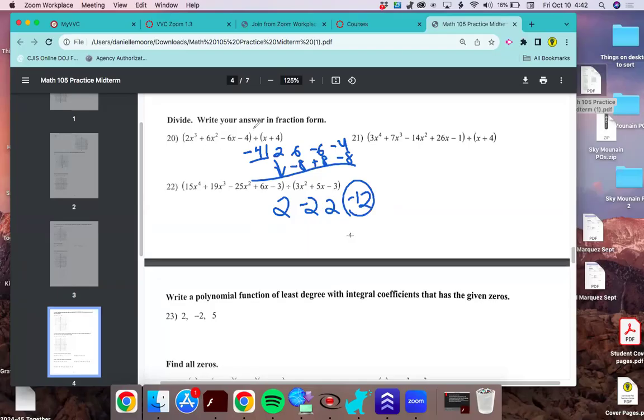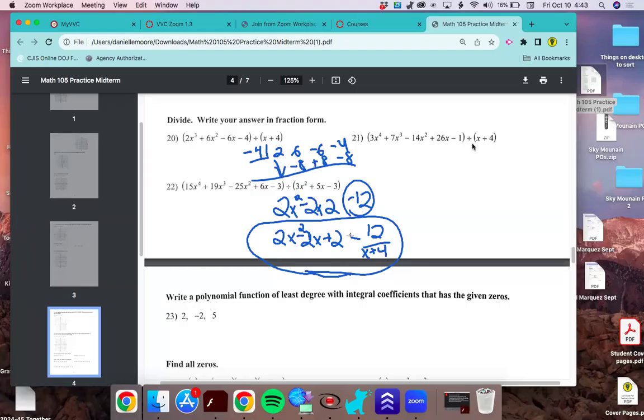And remember, if we have an x to the 3 divided by an x, that gives us an x squared here, and then a regular x and then a 2. So we have our quotient and remainder: 2x squared minus 2x plus 2, and then minus 12 over our divisor as a remainder, x plus 4. In the homework, it just says do remainder 12. And this one, we put it over the divisor. Okay.